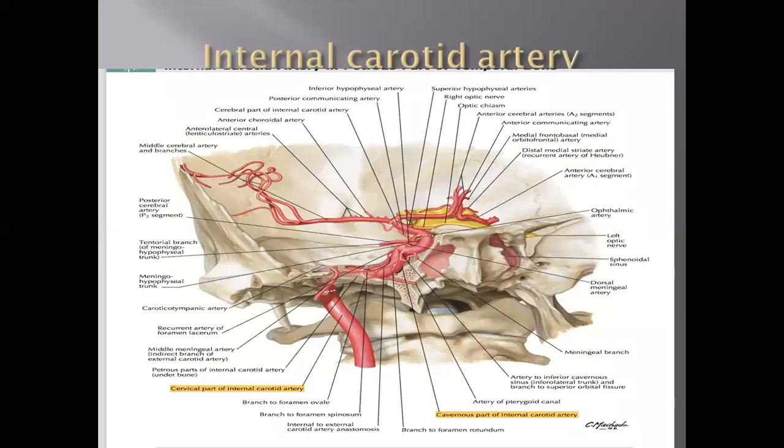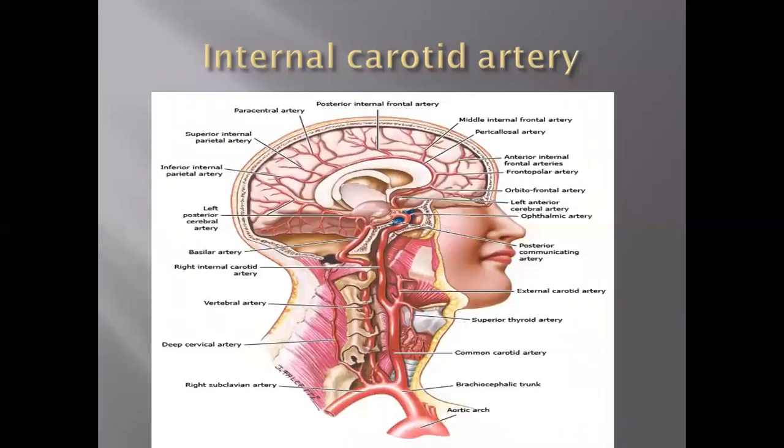And it enters the middle cranial fossa right beside the dorsum sellae of your sphenoid bone. Right. Then it's going to run forward in the cavernous sinus. Right. So you'd expect your carotid artery to be found within the cavernous sinus. Right.